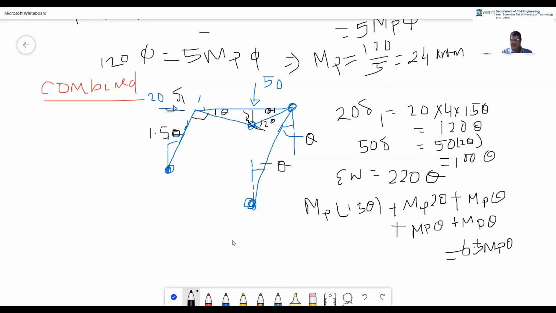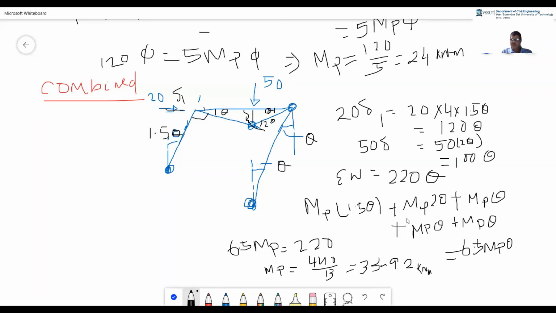Now you can put 6.5 MP equal to 220 theta, so theta will cancel. So MP is equal to 13 by 2, that is 440 by 13, which comes out to be around 33.92 kilonewton meter.